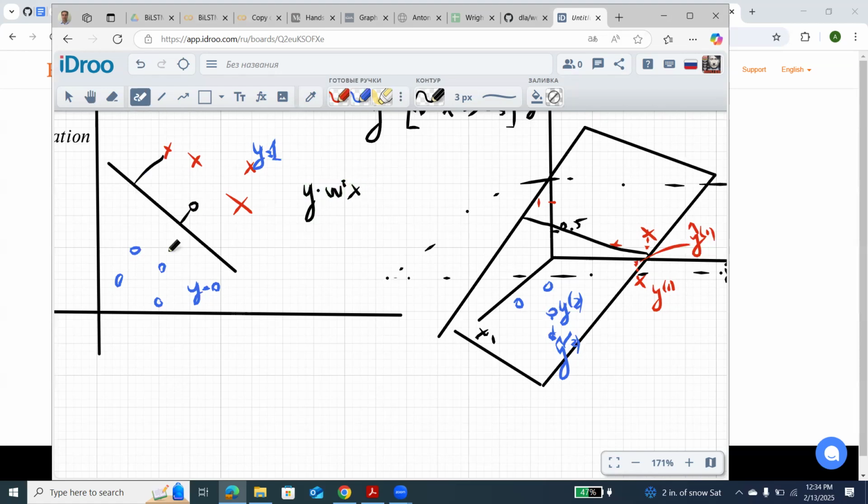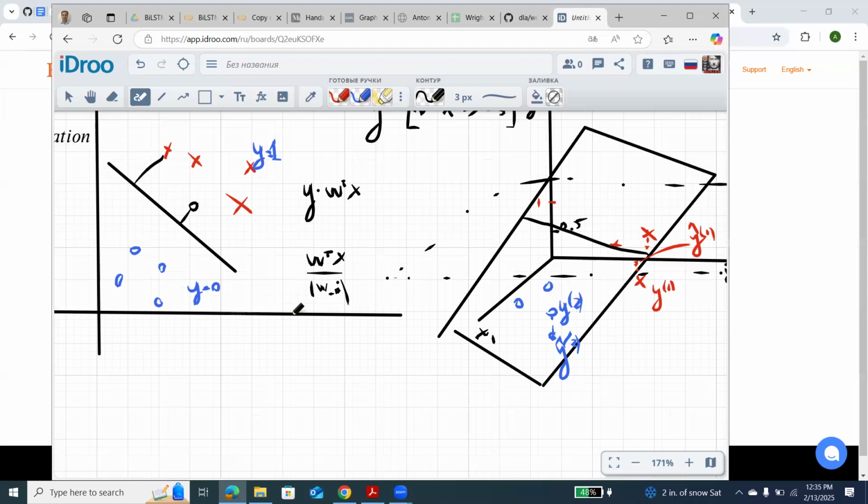On the other hand, the distance was the dot product divided by the length of the vector W. And in previous classes, we minimized the error, or squared error, or absolute error.